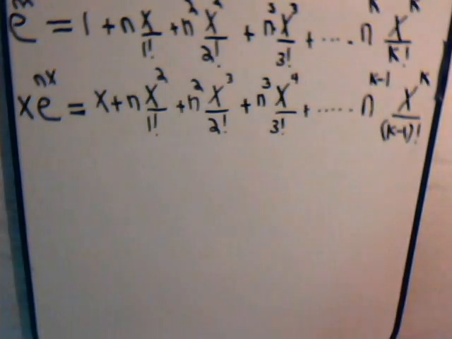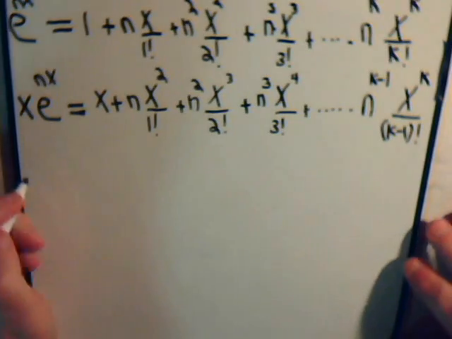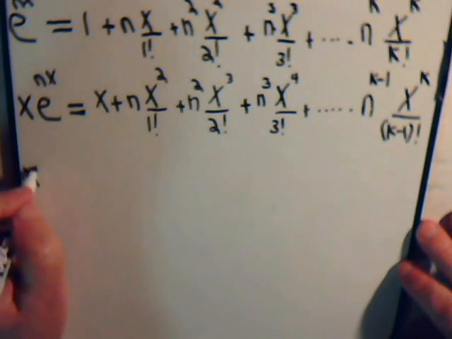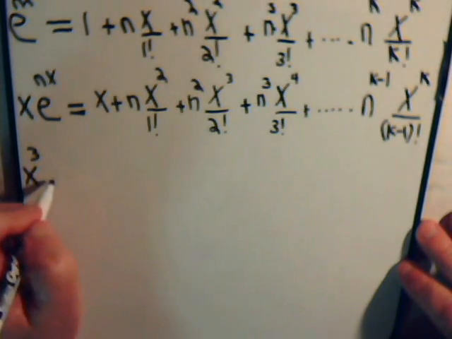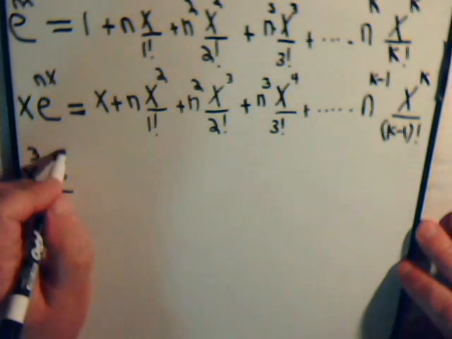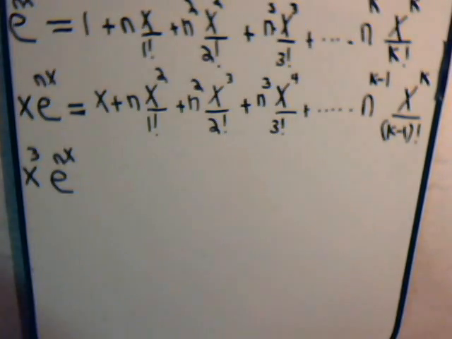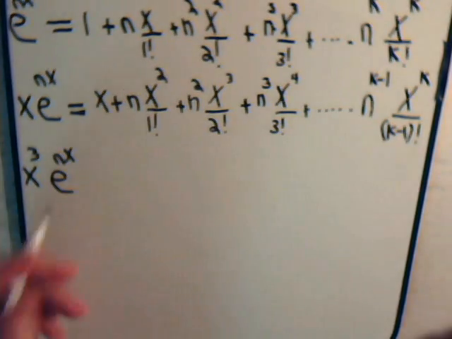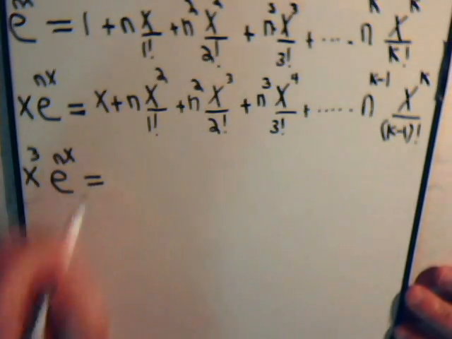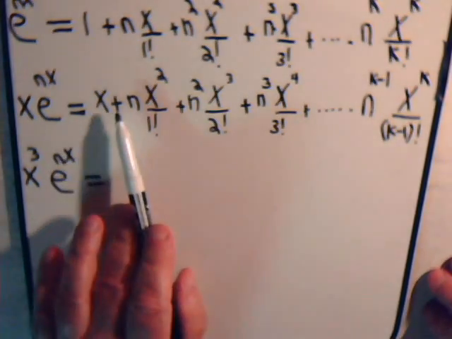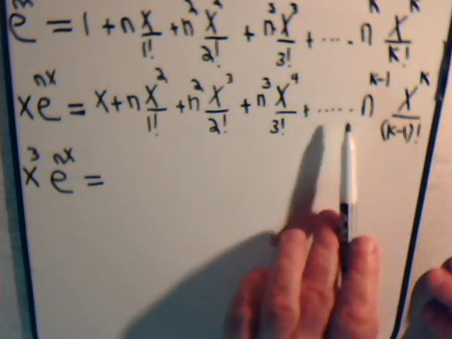Suppose, for example, we had, say, x cubed times e to the nx, and that was part of our generating function. Then what would this be equal to? Well, that would be equal to this one times x squared.